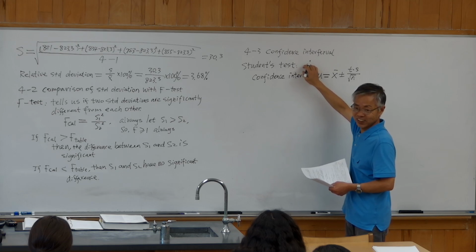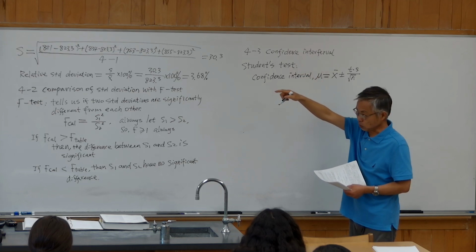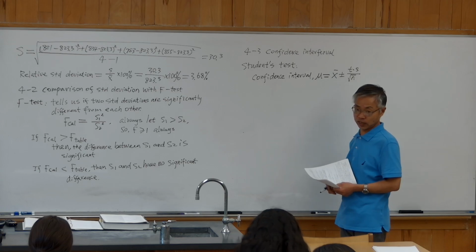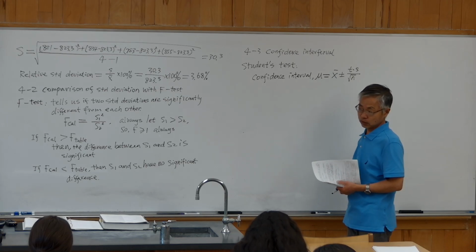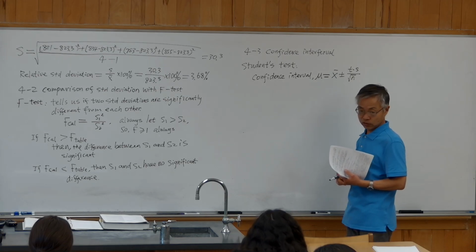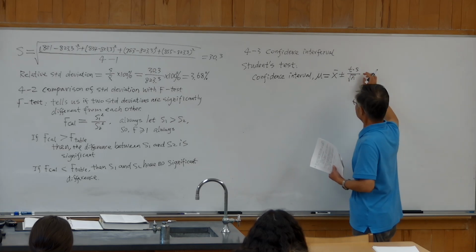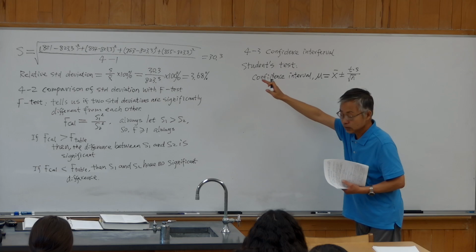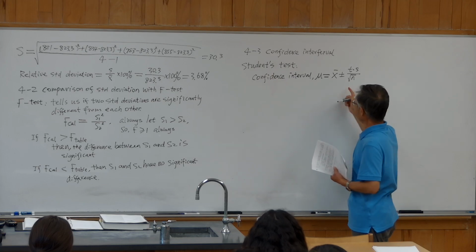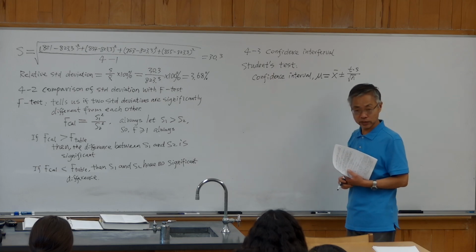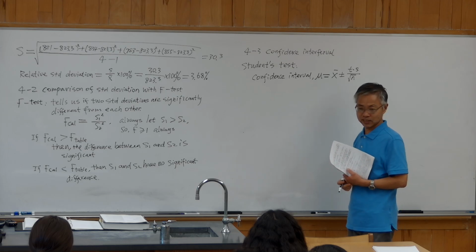This number, we will take a look at. There is another table based on the confidence level and degree of freedom. Mu is the true value, and S is standard deviation. N is the number you measured, you repeat this measurement.